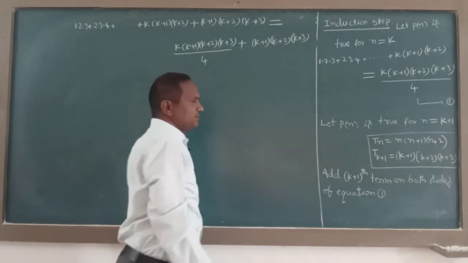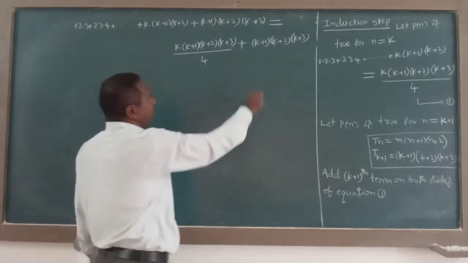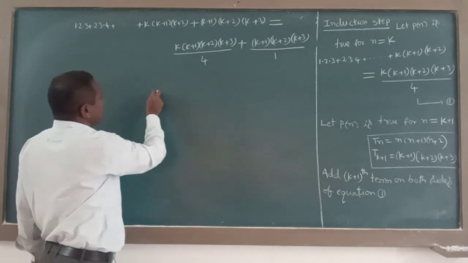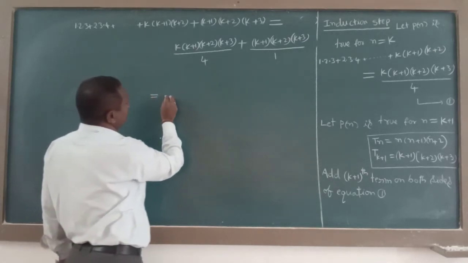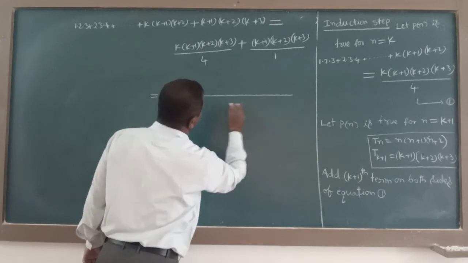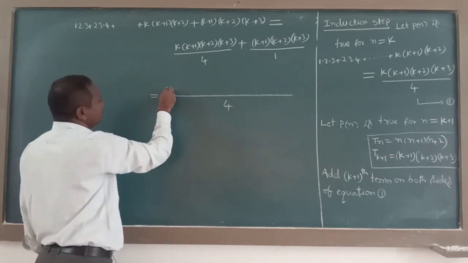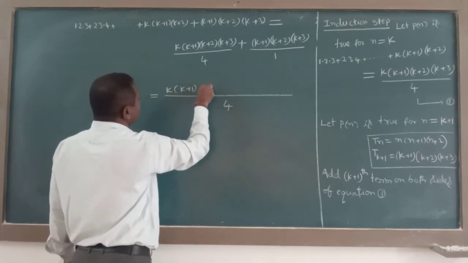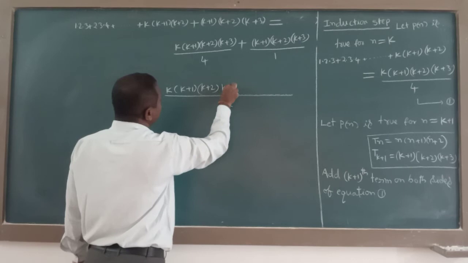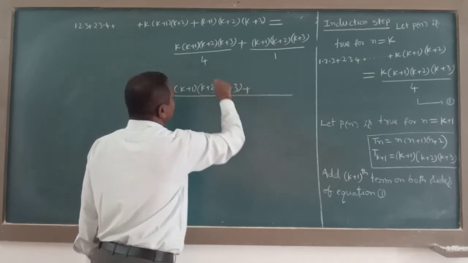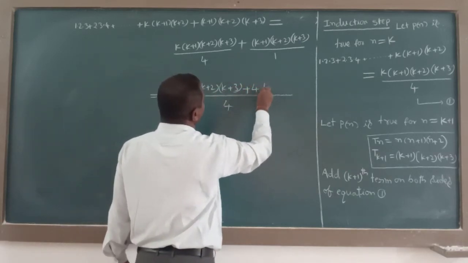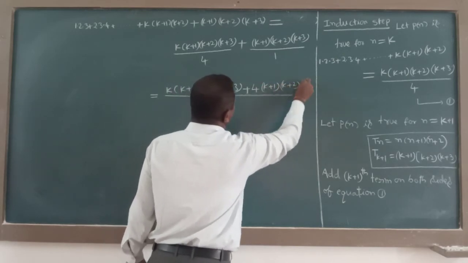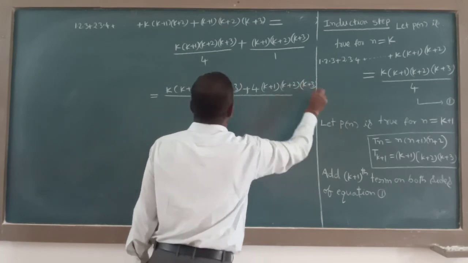Now for the second term there is nothing in the denominator, we just consider one only here. At the same time the LCM for these two fractions is 4, and taking cross multiplication, k into k plus 1 into k plus 2 into k plus 3, and 4 into k plus 1 into k plus 2 into k plus 3 here.